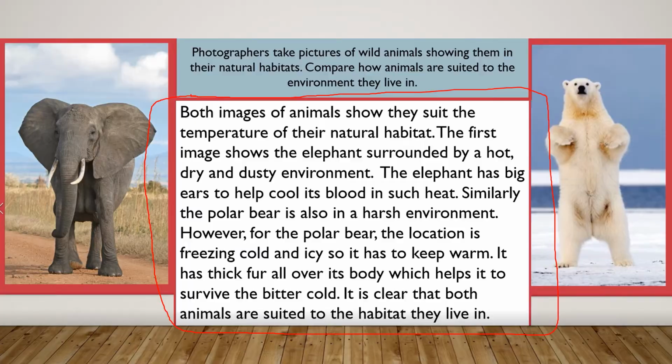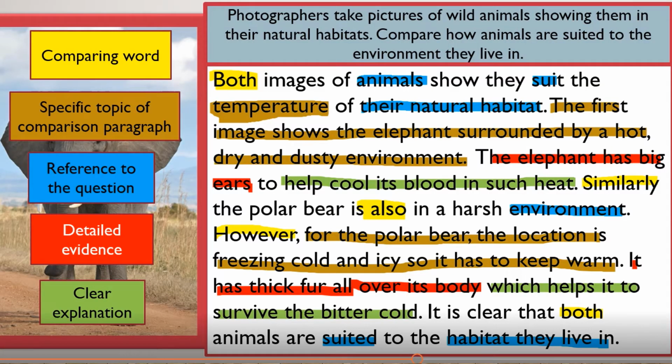Okay. A reminder that when we are comparing, there's a structure to our comparison paragraph, and that structure relies on 5 key ingredients, which in this paragraph have been highlighted in different colours. So we need to make sure that your paragraph contains comparison words.